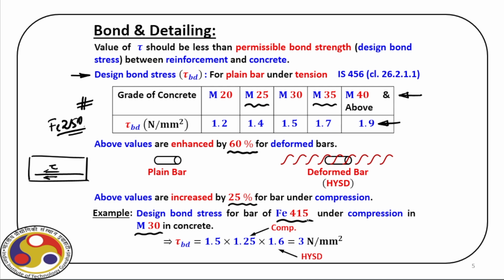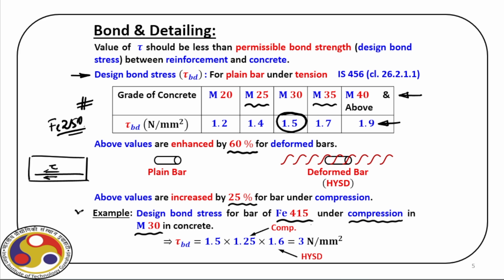How? We have Fe415 bars, so this is a HYSD bar. For that we can increase 60%, and we use this bar against compression, so we can enhance another 25%. Now we have M30 concrete here, and for M30 concrete, tau BD is 1.5 Newton per millimeter square.